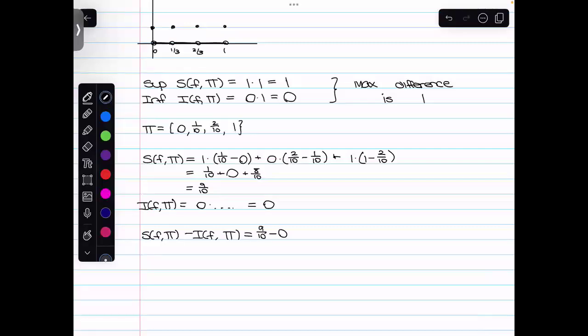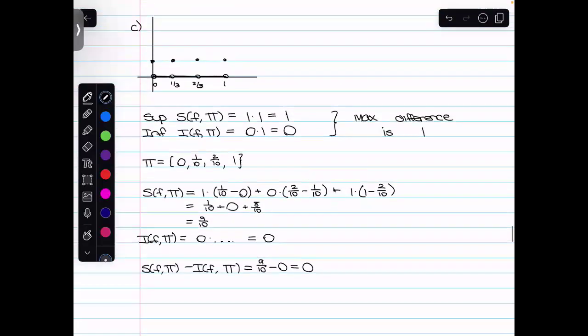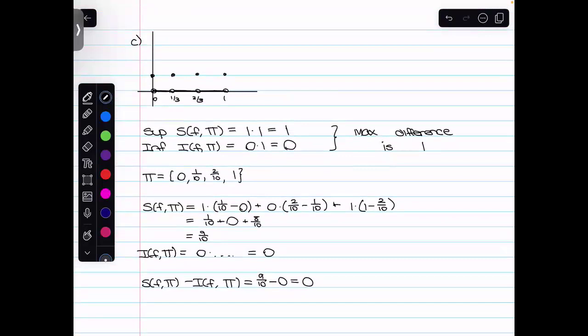So the point is that what can be useful here to try to figure out what subintervals to take is to think about what's the absolute highest upper integral sum and what's the absolute lowest lower integral sum. See what that difference is, so see the highest maximum difference you can get.